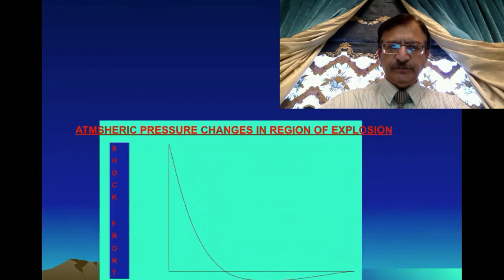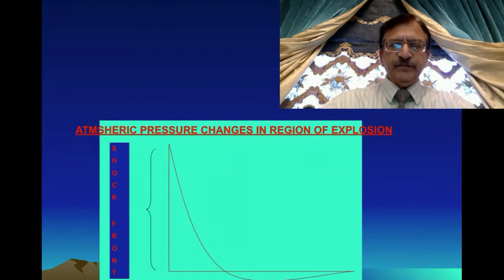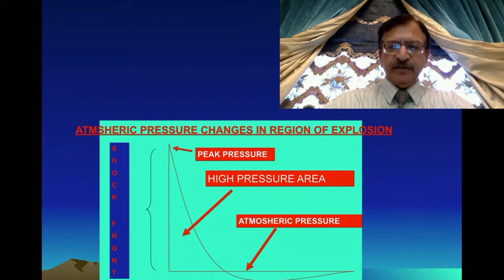This is a graph representing this. This is the shock front, and this is the highest peak pressure. This area is the high pressure area, and this is normal atmospheric pressure.